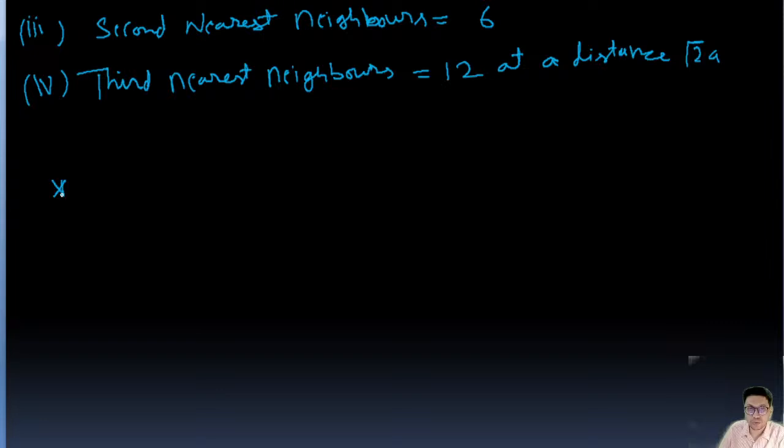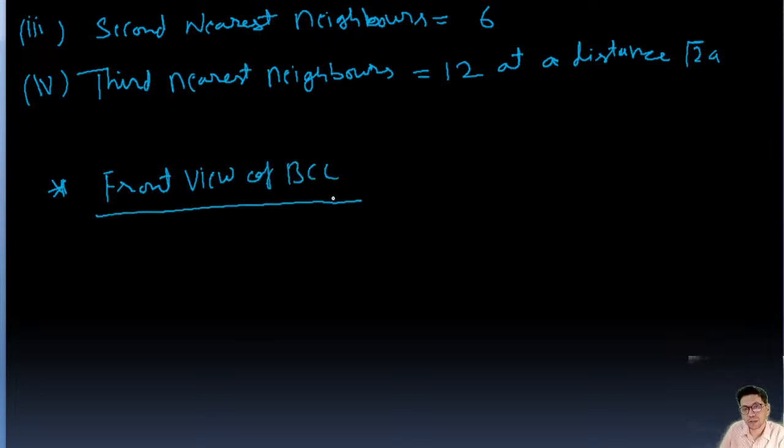So, the atomic radius of BCC. Front view of BCC. This is important, right? So this is going to be like this.